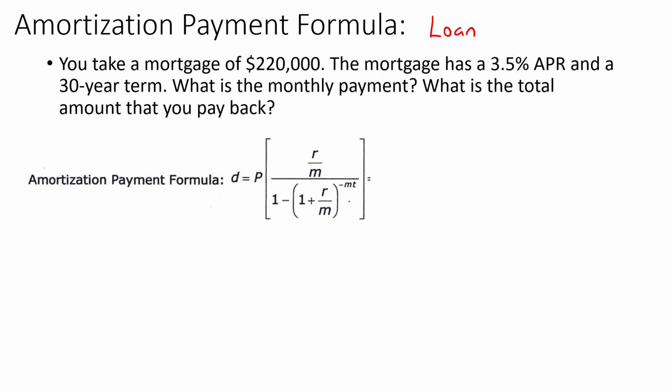Okay, the formula is just a little more complicated because there's a negative sign in the exponent, and we have to be careful about the subtraction here, but otherwise everything is set up the same. So D stands for the monthly payment, P is the principal, so the amount of money that we borrowed, and then it is 0.035, 3.5%, over 12 months because we were doing monthly payments.